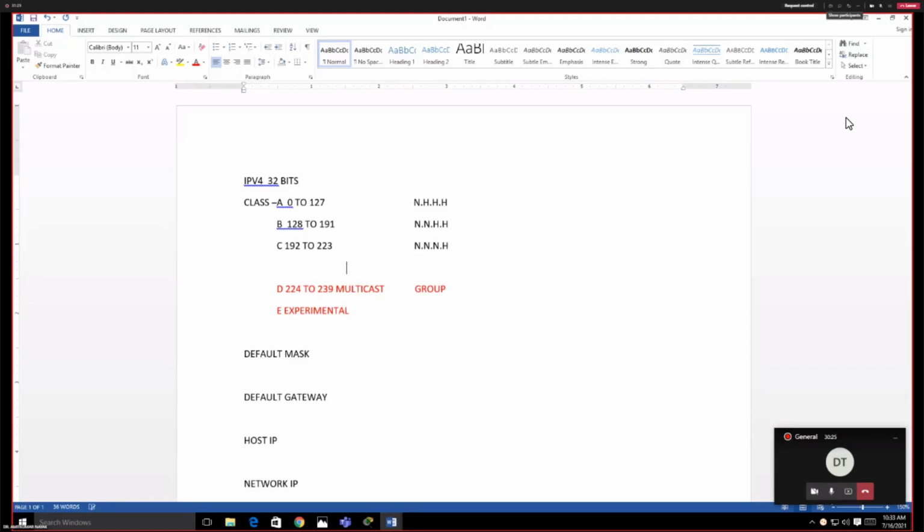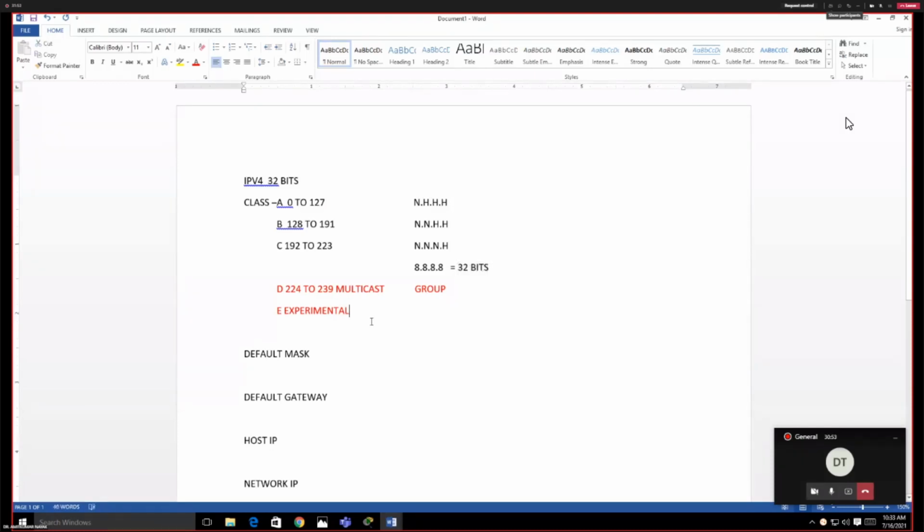So 8 bits plus 8 bits plus 8 bits plus 8 bits creates the 32-bit IP address. The length of the IP address is 32 bits.